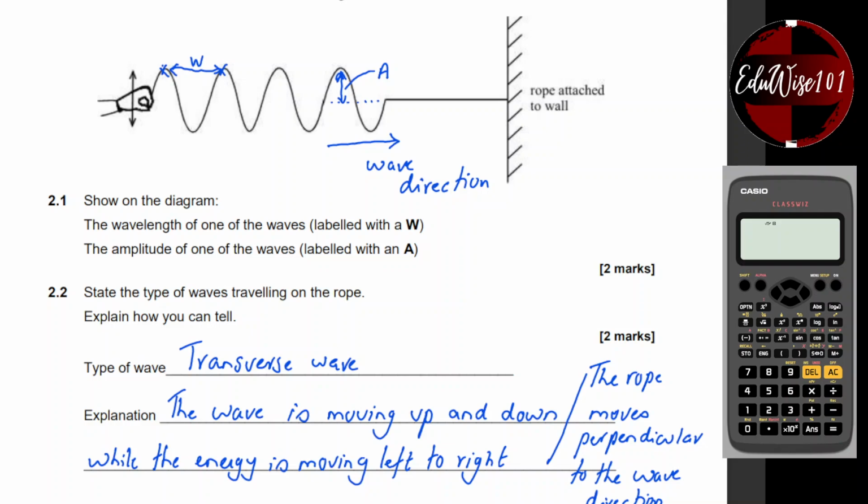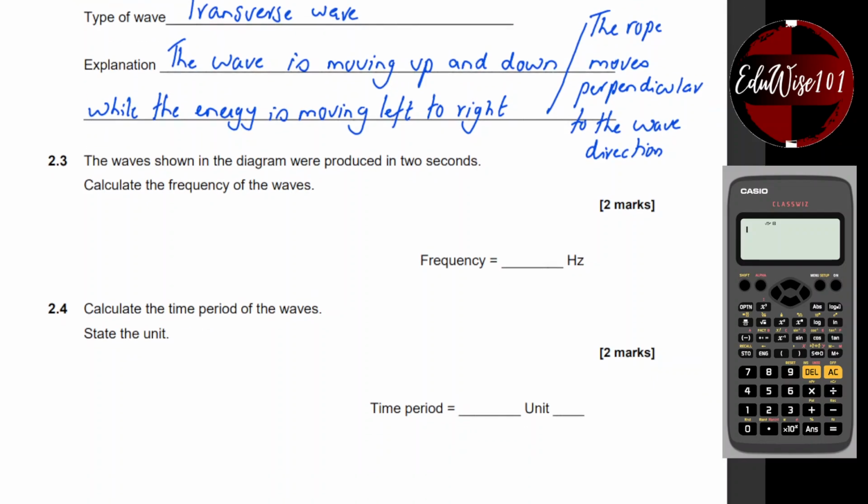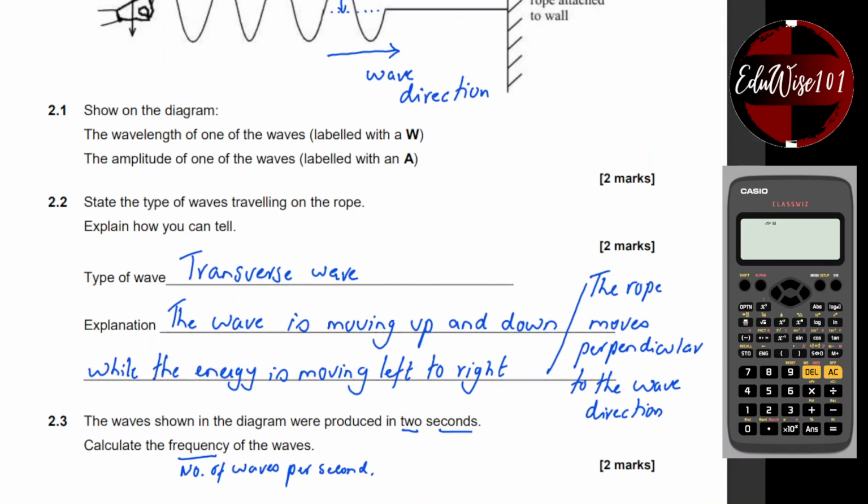Question 2.3. The waves shown in the diagram were produced in 2 seconds. Calculate the frequency of the waves. Remember, frequency is number of waves per second. So using the diagram, you need to find the number of waves that is shown here.